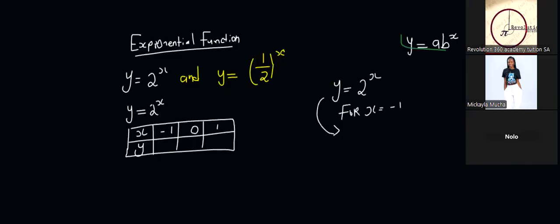In the place of x, I'm going to put -1. So y is equal to 2 to the exponent of -1. Therefore, your y is going to be 1/2. So here we're going to write 1/2.